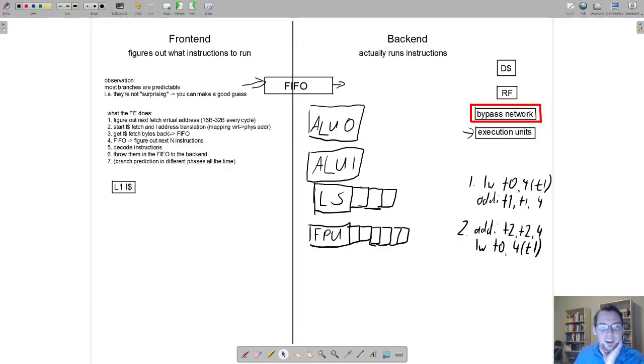TLB is the small cache that caches these address translations. And in that case, you're not going to get that result right now. And you're going to have to figure out what you're going to return, or what you can put in the FIFO, if anything, for the next couple cycles, because you got nothing. If you have a TLB miss, you have to wait until you know what address to fetch from, if any. And it might be that there is no address translation because the mapping is invalid.